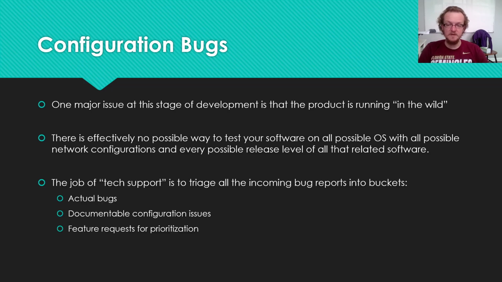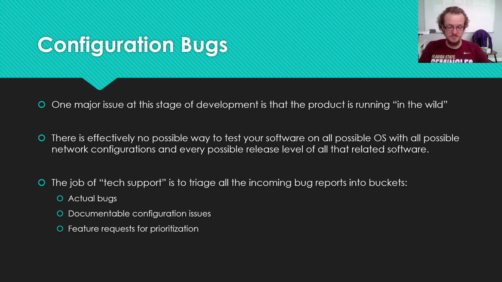So these configuration bugs bring up the true reason for what's often referred to as tech support. You have a whole bunch of people sitting around who get paid to take phone calls or field emails, and those emails will have crazy things in them. It's the job of the technical support team to triage all of the feature requests, bug reports, and issues into three buckets. First, actual bugs that need to be fixed by the development team.